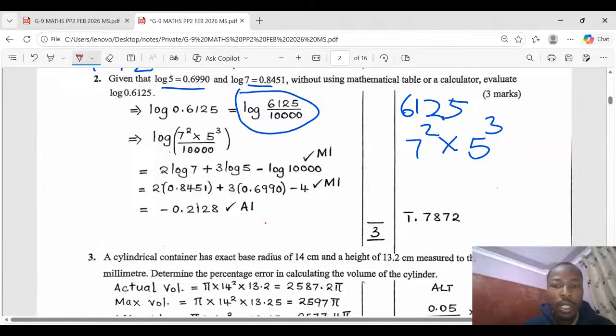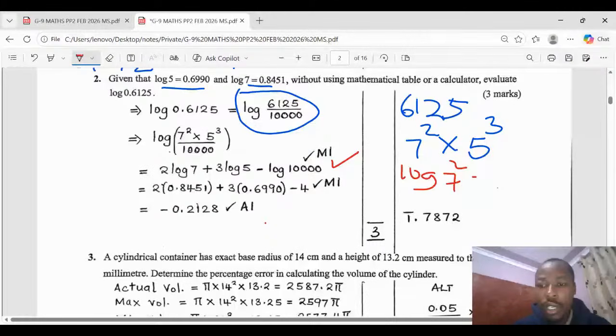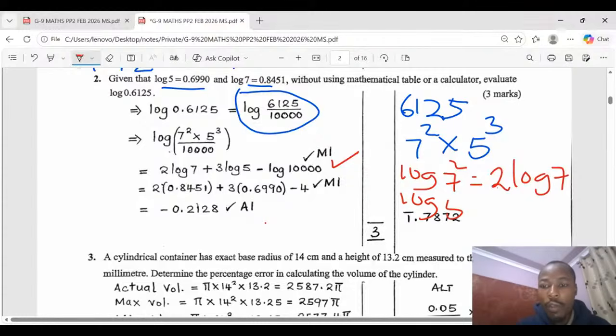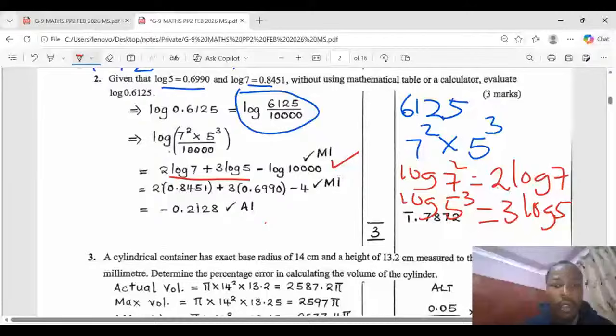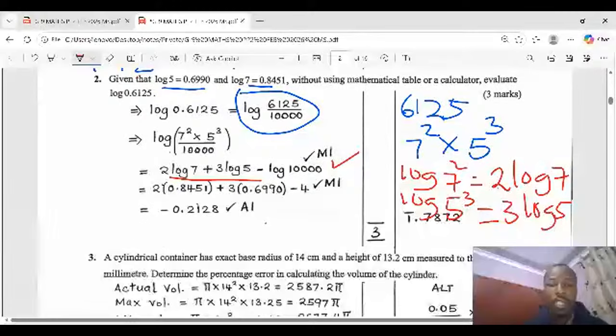So that is the step given down there: log 7 squared is 2 log 7, log 5 cubed is 3 log 5, minus log 10,000.